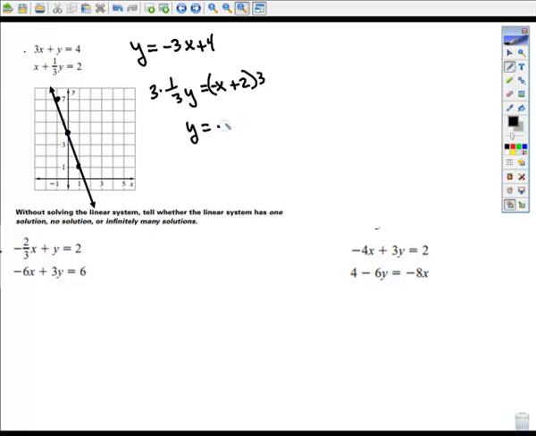So y equals -3x plus 6. And it just so happens that this one is another parallel. So again, no solution.